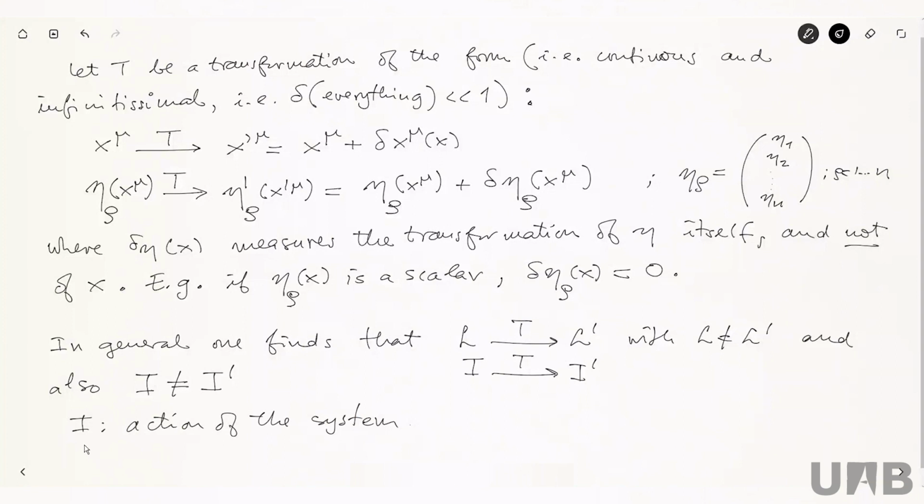Up until now, the action for the discrete system was called S, sometimes A, but most of the time S. Now, in many places, they call it I, the action of the system. So I'm going to use that notation so that you get to see all the possibilities. Okay, so this I is now the action of the system. So we make a transformation and things change. There's nothing special about that.